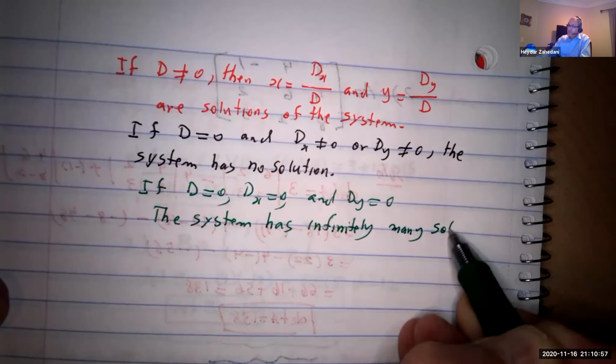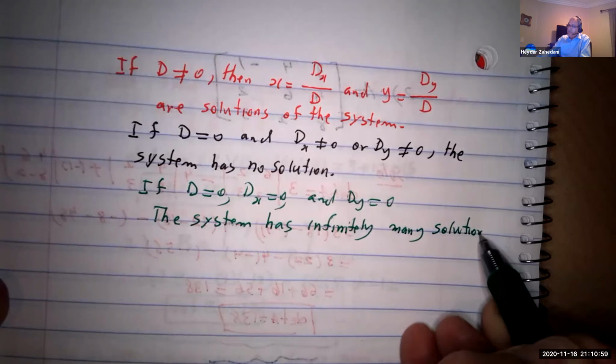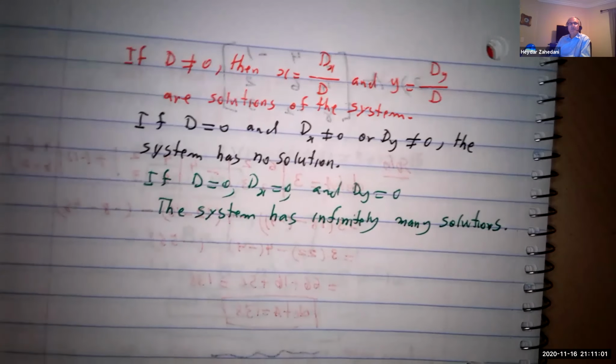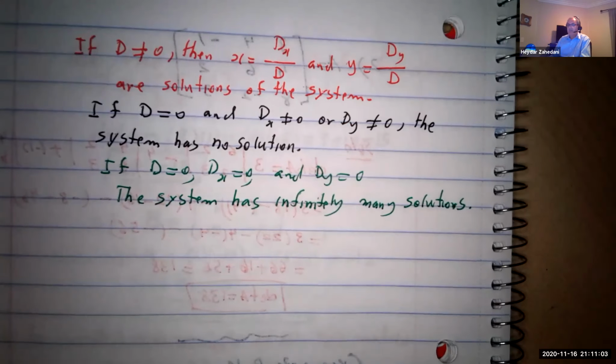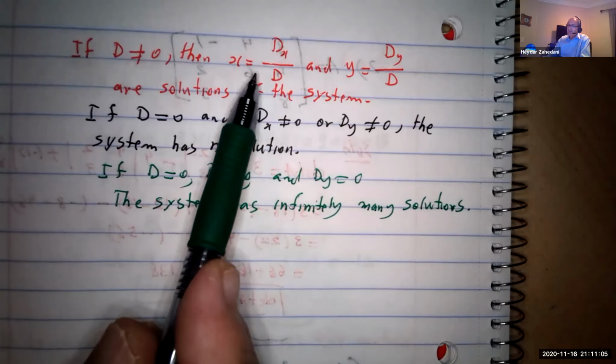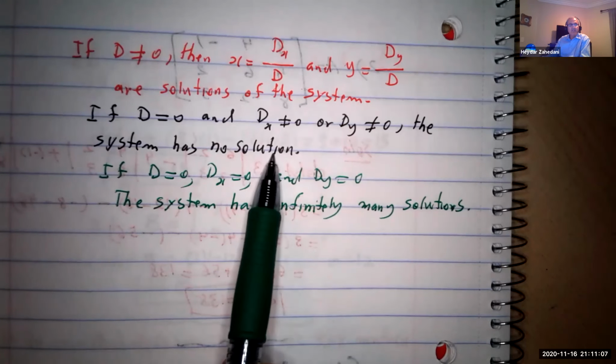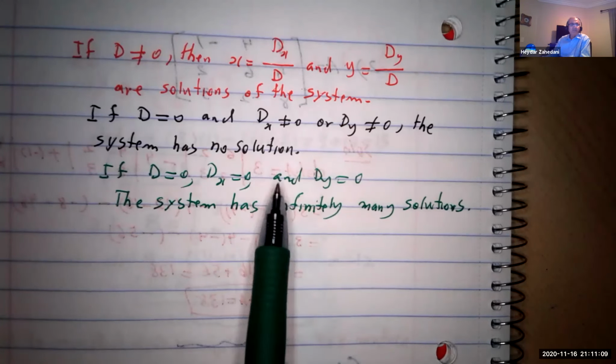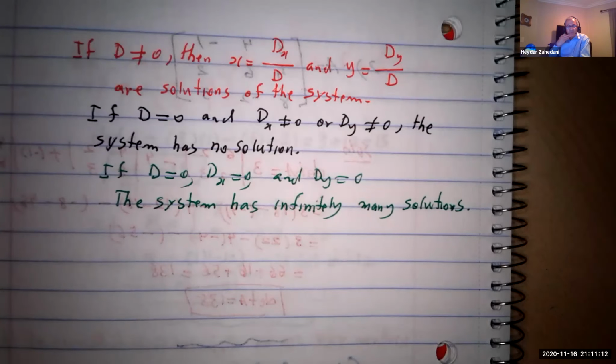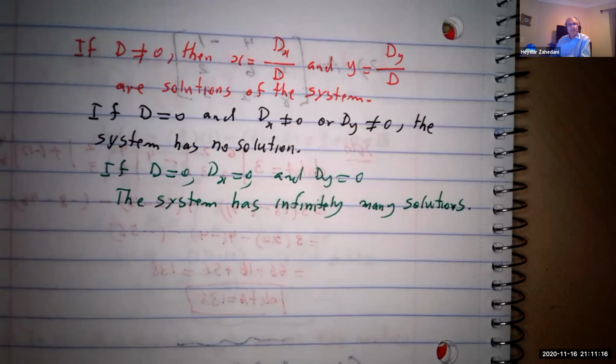In algebra, you know we say the system is independent, the system is inconsistent, the system is dependent. We are not going to use those expressions, just tell us what's going on.